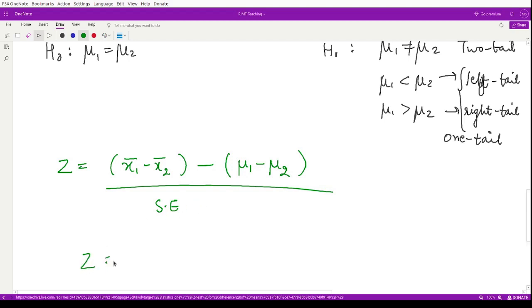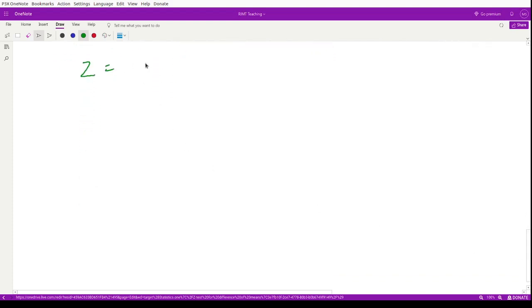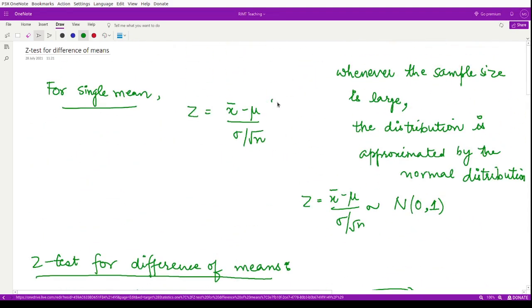So basically the formula for this Z statistic is x1 bar minus x2 bar divided by the square root of sigma1 square by n1 plus sigma2 square by n2. If you remember, for a single mean we have this formula.